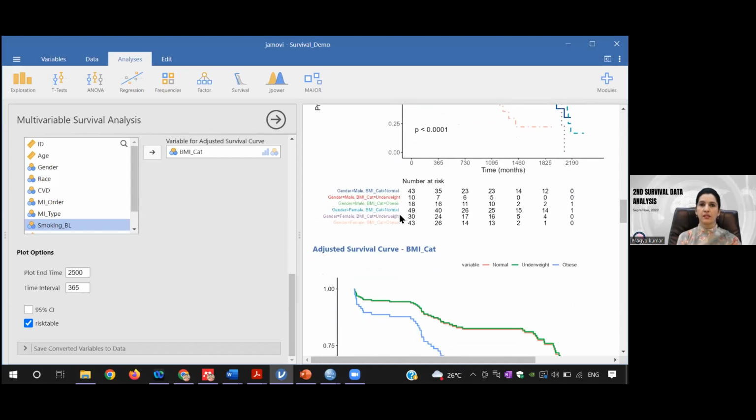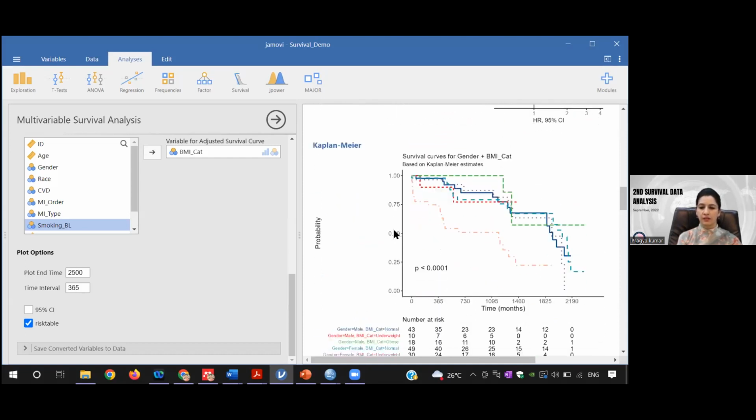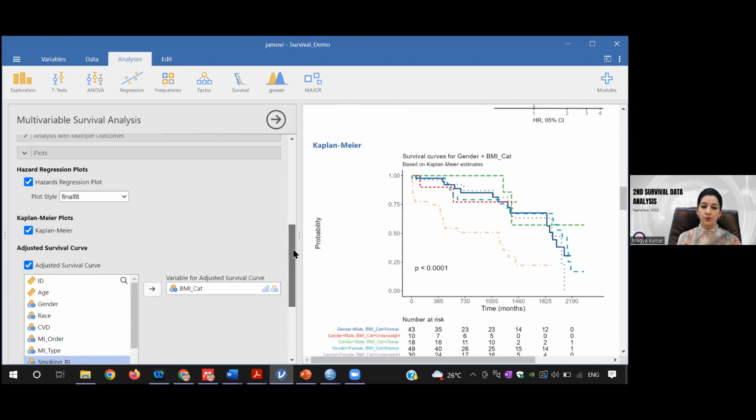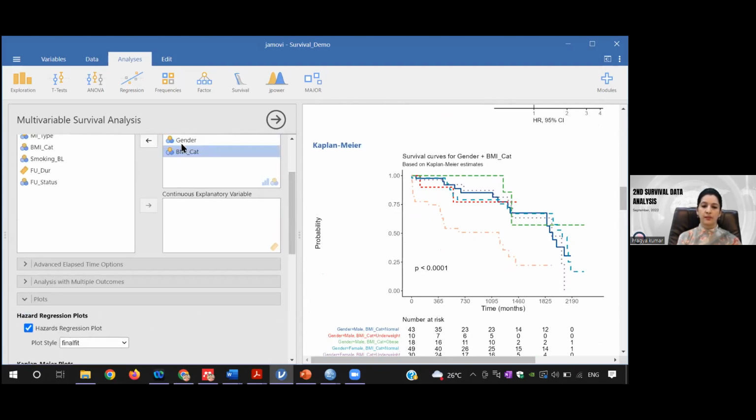So it gives you the gender, male, and in male, it will give you all the 3 categories, and in female all the 3 categories. And then there will be 6 graphs. So this will be the Kaplan-Meier. And this can be done only for 2 variables in this case. That's how JAMOVI was giving us the hint that you cannot have more than 2 variables.